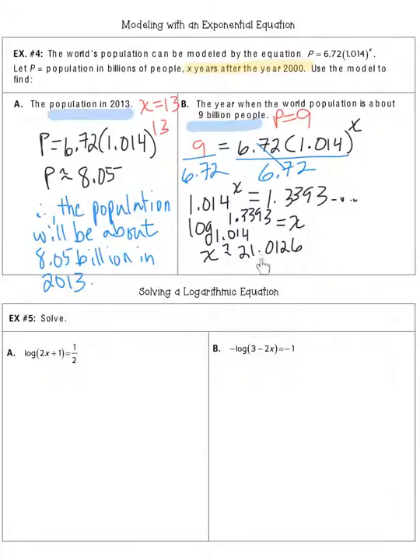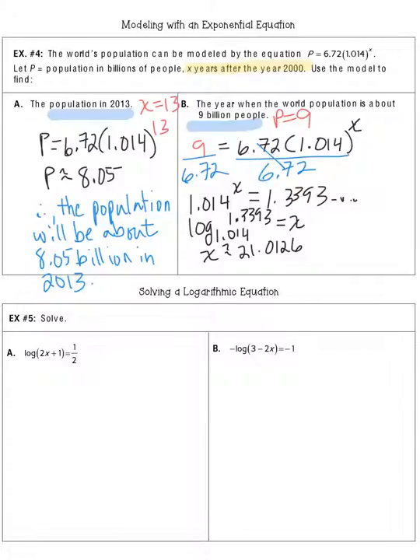Even if you put 21 in, you get 8.9 whatever. So it's close to 9 billion, but it's not 9 billion until you put 22 in, and then it spills over past 9 billion. So the question is, what is the year when the world population is about 9 billion? It occurs somewhere between the year 2021 and 2022.